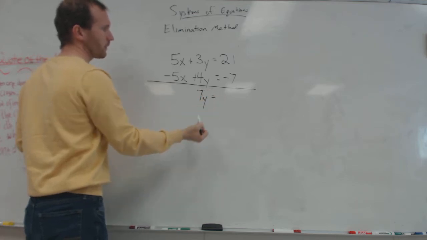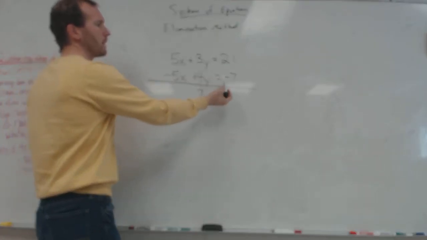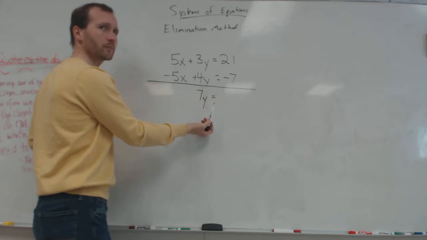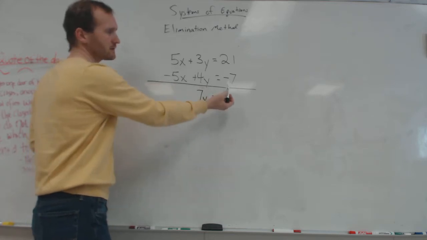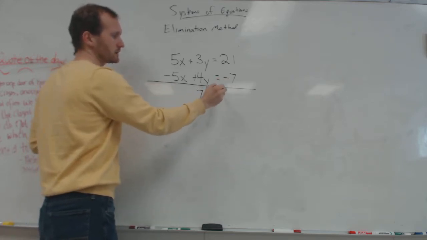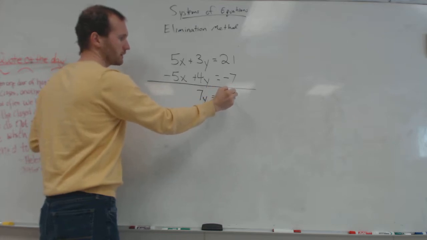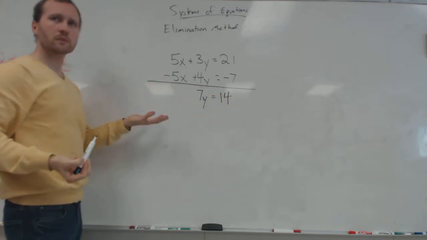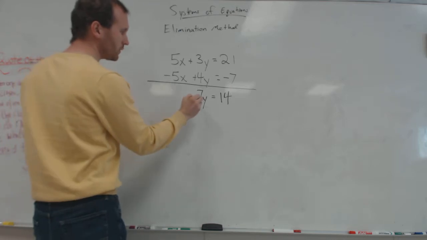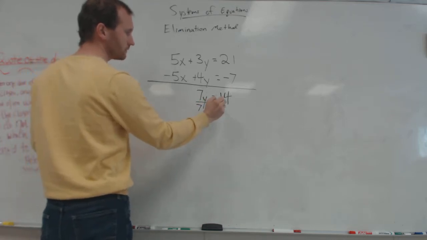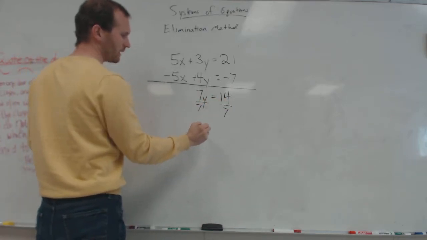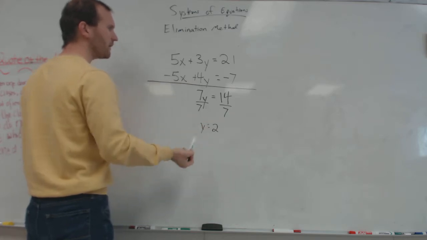And 21 plus a negative 7 is 21 minus 7, which is 14. Simple. Just divide both sides by 7. And y equals 2.